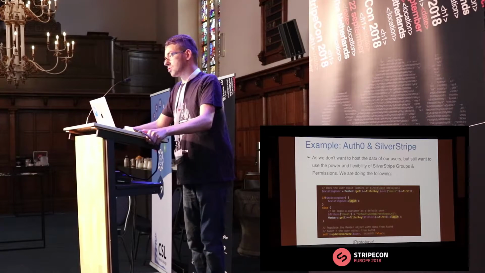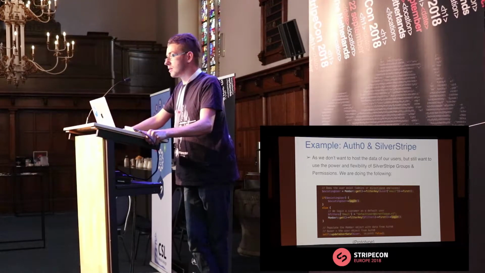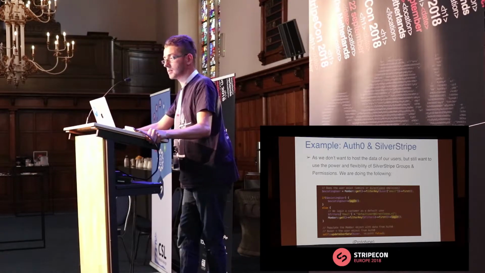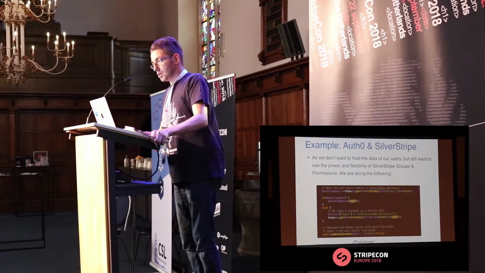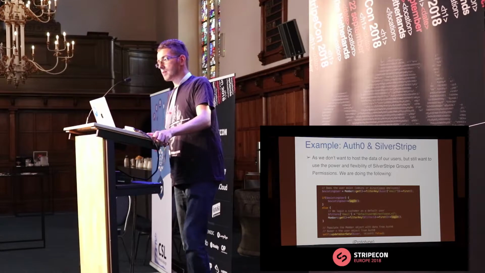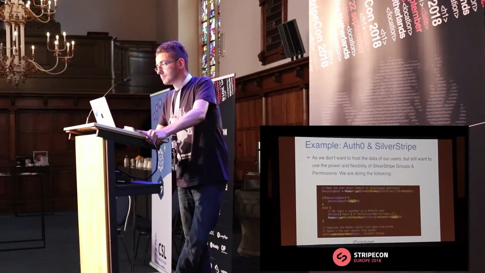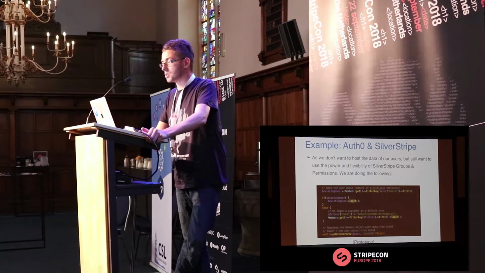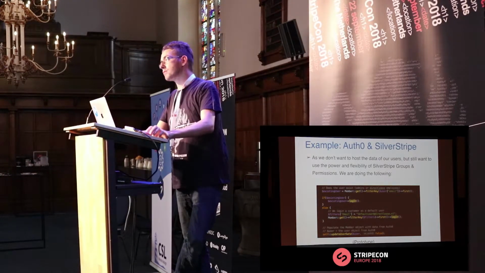Like I said, we don't want to host data of our users, but we do want to provide the power and the flexibility of the Silverstripe groups and permissions. So what we're doing right now, this is just a prototype, is that we are logging in a user from Auth0, and then the authentication and authorization happens on the Auth0 platform.